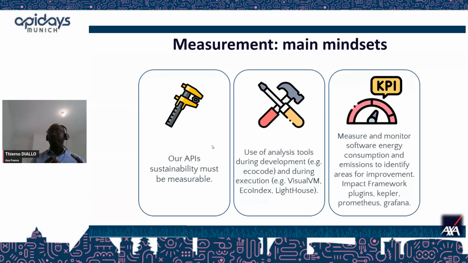The thing is that measuring and monitoring software energy consumption and emissions to identify areas of improvement is very important. We can use Impact Framework or plugins, or Kepler and Prometheus Grafana when it comes to observability. It's very important to keep this mindset when you are working on sustainability, but on other topics as well.